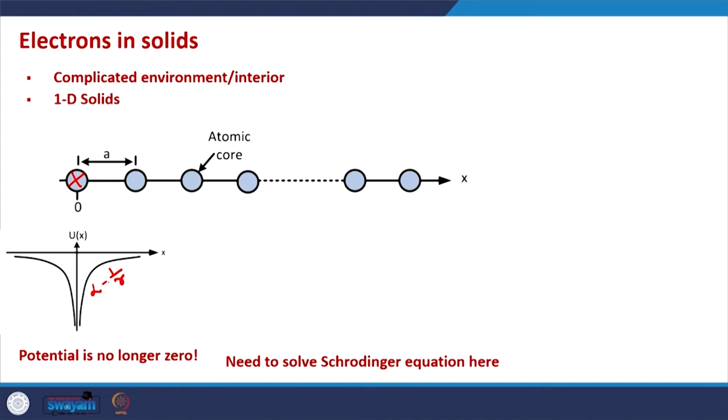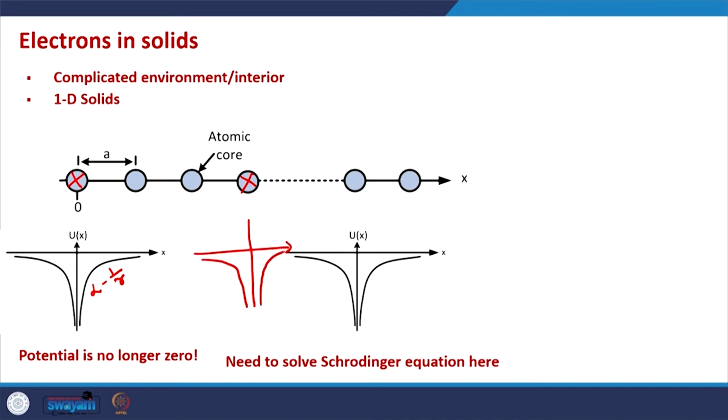So, the potential energy of an electron when it comes close to this atomic core will be this, and similarly this will be the potential energy of the electron whenever it comes close to any of these atomic cores. So, we can individually say that corresponding to each atomic core in the lattice, the potential energy of the electron will look like this.